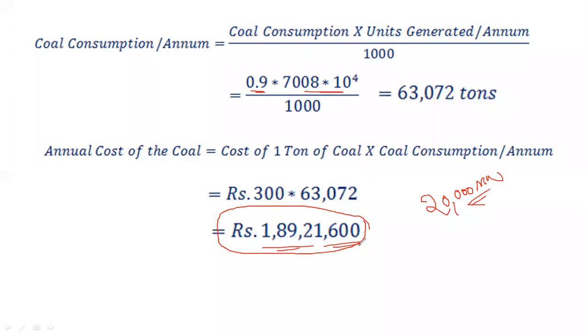Again, we need to spend for the maintenance cost, the capital cost, and wages, salary for technical as well as non-technical persons, etc. So for generating 20,000 megawatt power, the fuel cost per annum, that is 1 year, is 1 crore 89 lakhs 21,600 rupees.